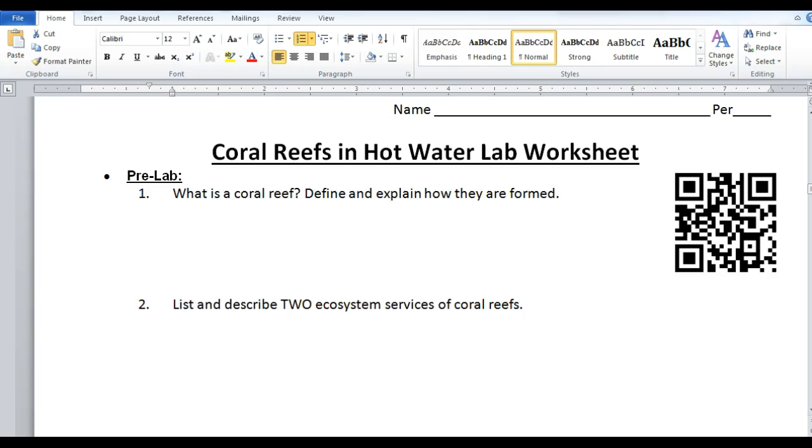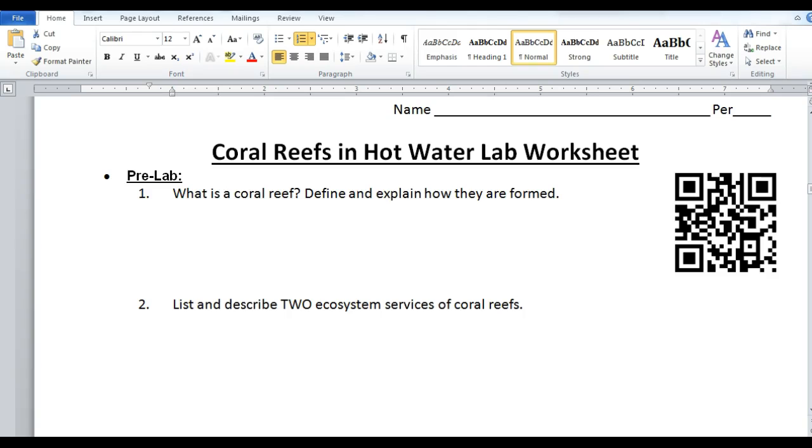Coral is made up of what? It's two organisms. What are they? We've got a coral polyp. What else comes with it? Anyone? Okay, we get algae. That's super important. So the algae and the coral live together.